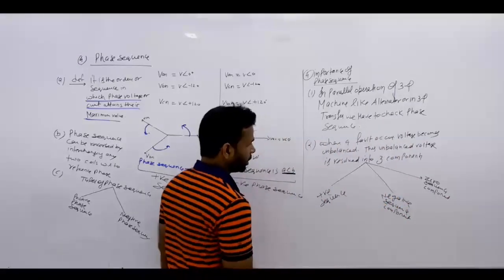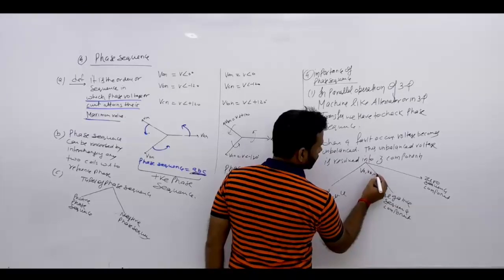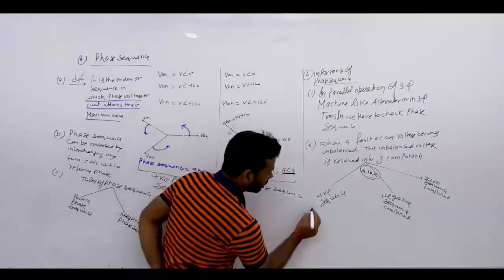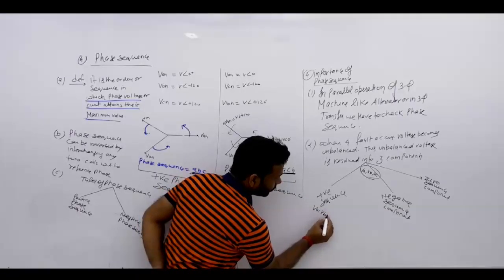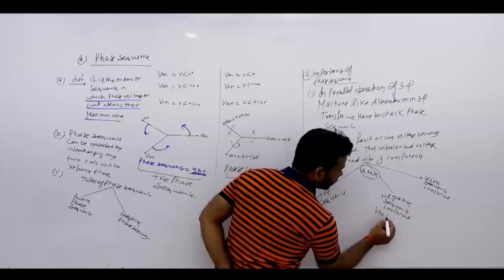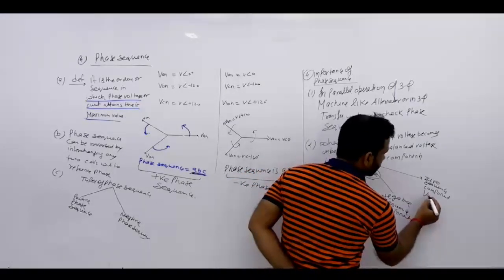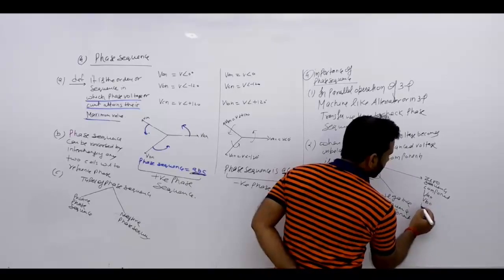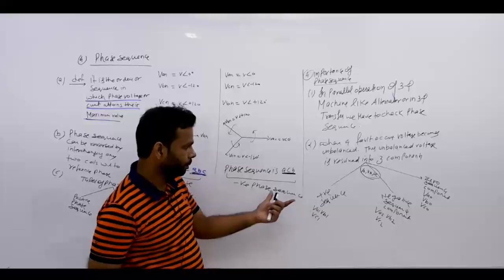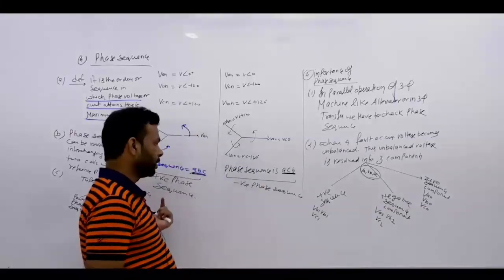So suppose your voltages VA, VB and VC in a system, and there a fault occurs, then they are resolved as VA1, VB1, VC1, then VA2, VB2, VC2, and VA0, VB0 and VC0. Okay, now the positive sequence components follow the phase sequence of the supply.